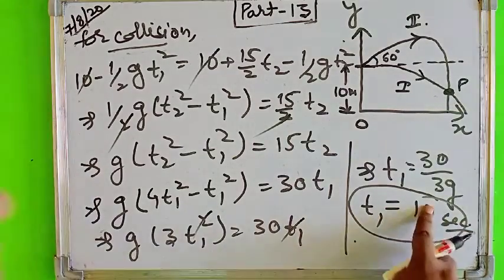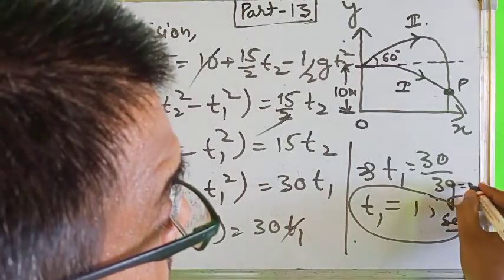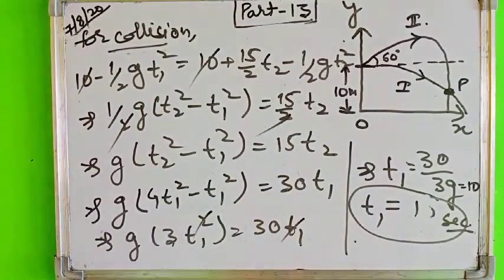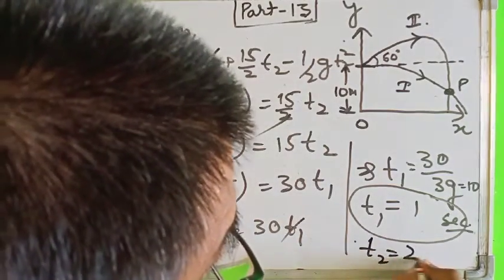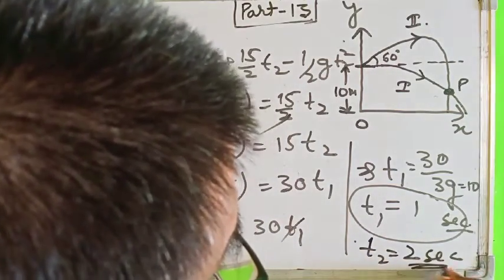Putting g is equal to 10, T1 is 30 upon 30, that is equal to 1 second. And T2 is equal to 2 seconds.